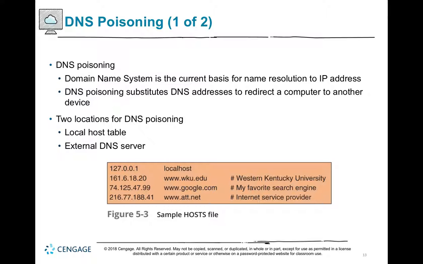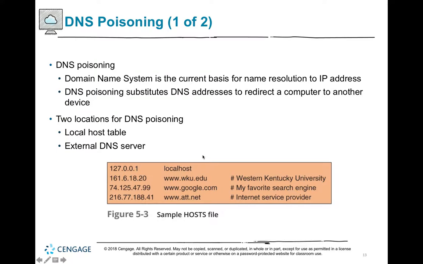Then your system says, okay, I'm not familiar with google.com. What's my DNS server? Let me ask that DNS server what google.com's IP address is. That's how you get the answer and are able to visit google.com. The DNS server replies with an A record with that IP address.